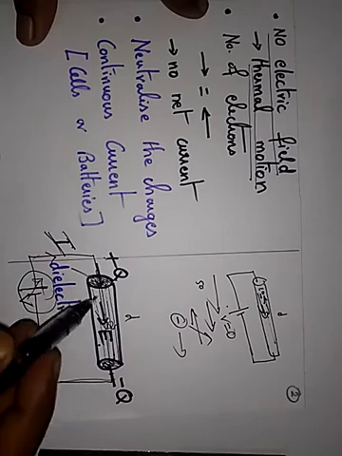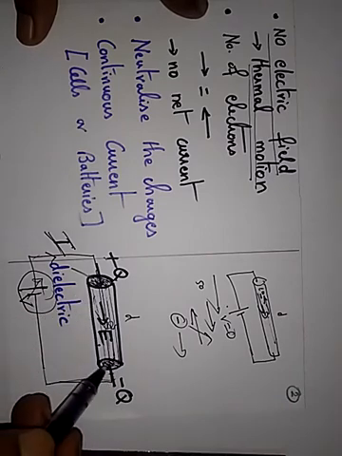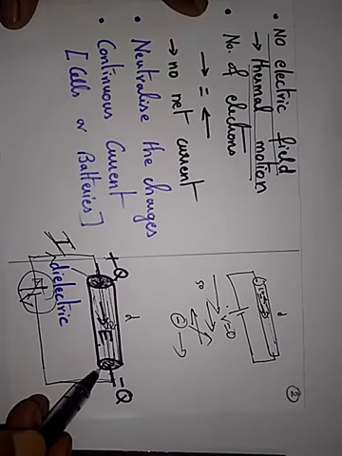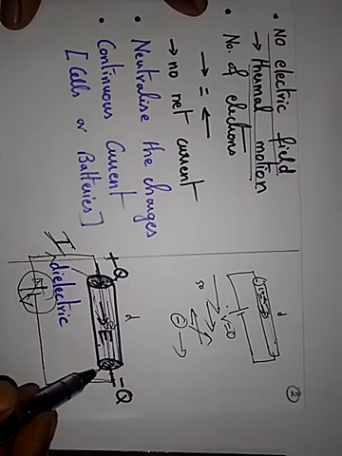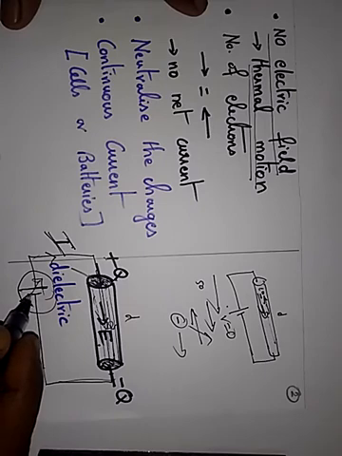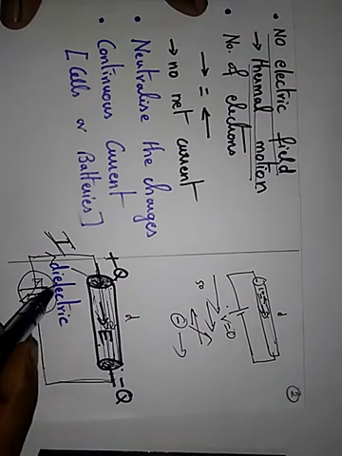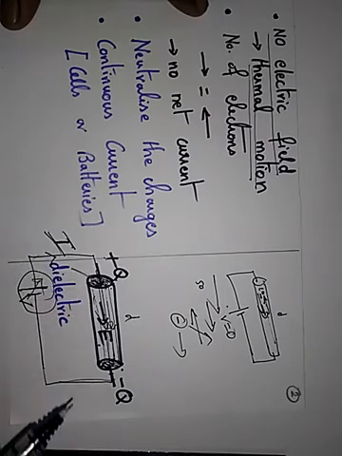If you make a conductor with this positive charge and this negative charge, the positive charge tries to neutralize with the negative charge, and once it has been neutralized, if you apply a voltage, an electric field is created and therefore current flows in the circuit.